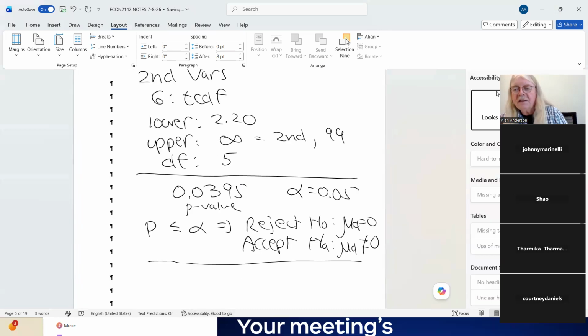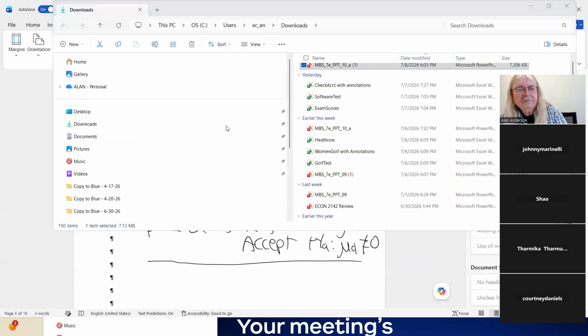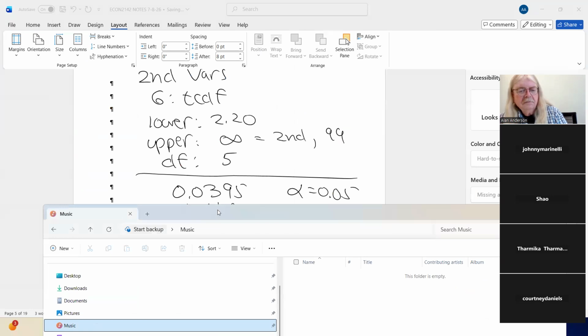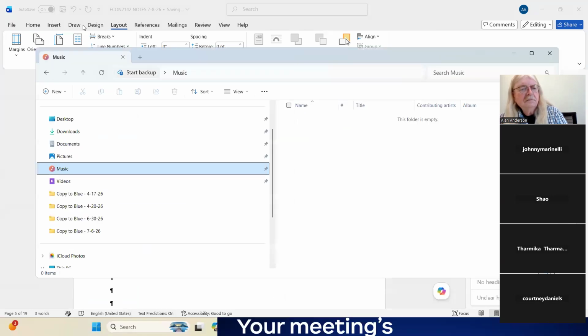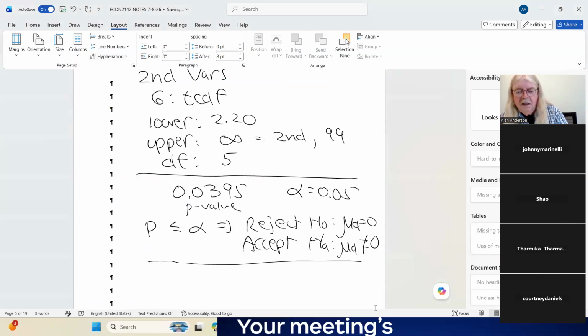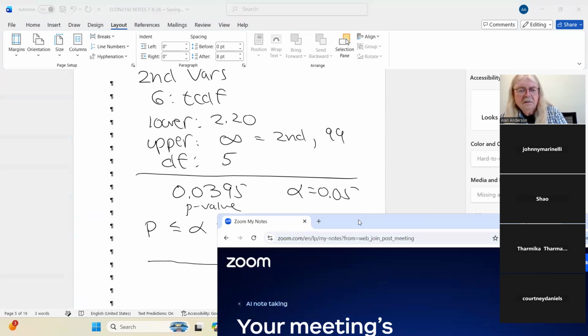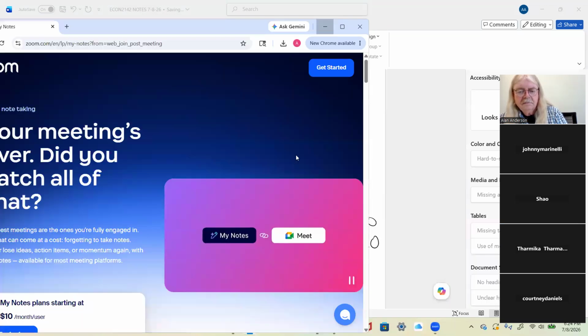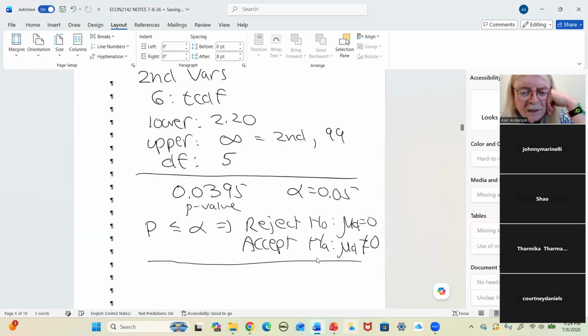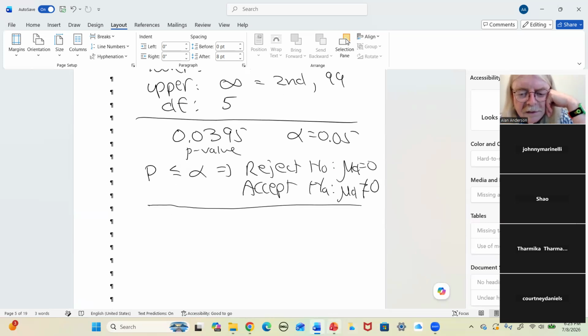And we will do this in Excel, but I want to do it by hand first. Let's see. That's better. I can now see everything.